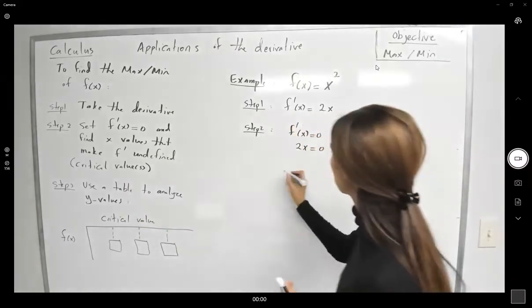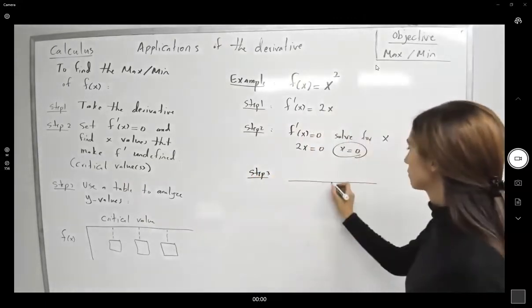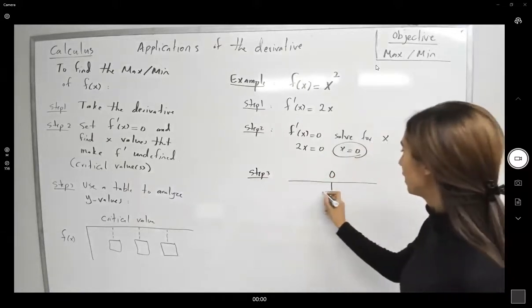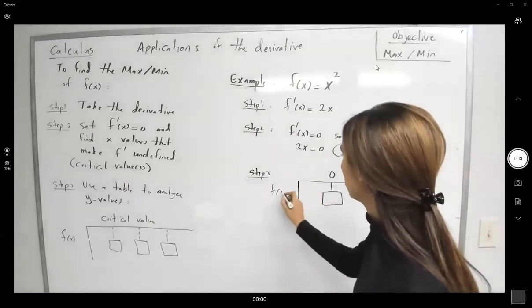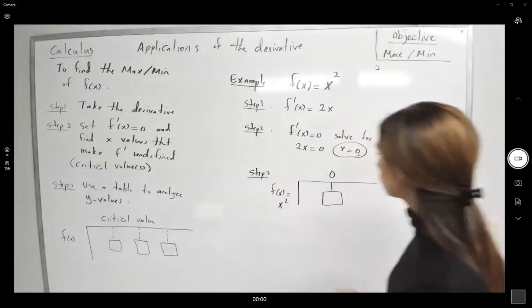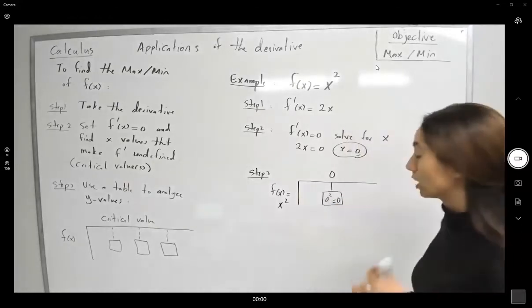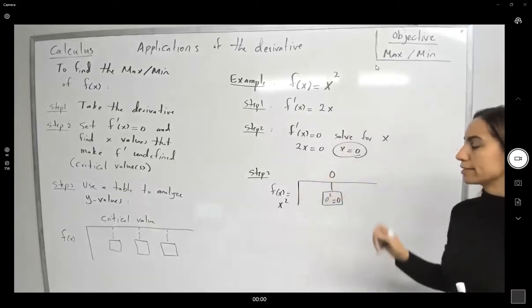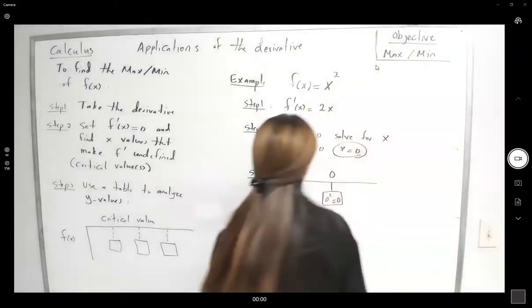In step 3, we're going to form a table. This table has critical value 0. We're going to find the y value at 0 and then analyze the function. f of x is equal to x squared. If I plug in 0, I get 0 squared, or just 0. Then some values before 0, some values on the right-hand side of 0.